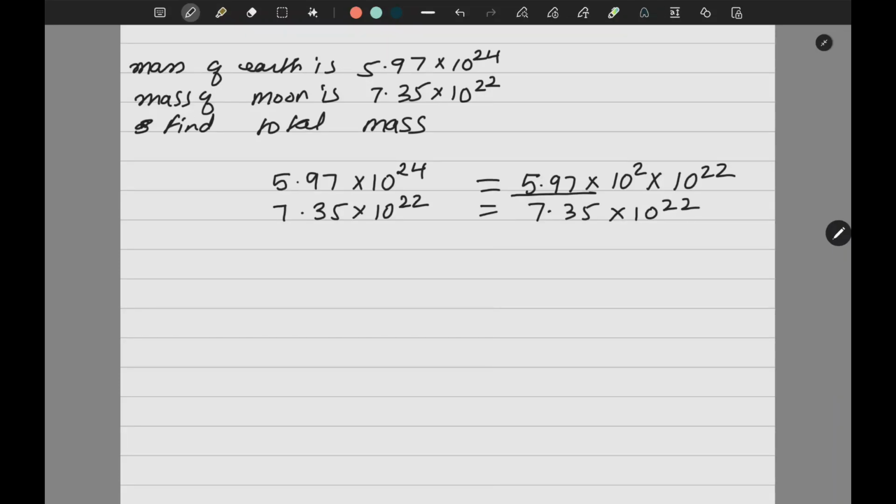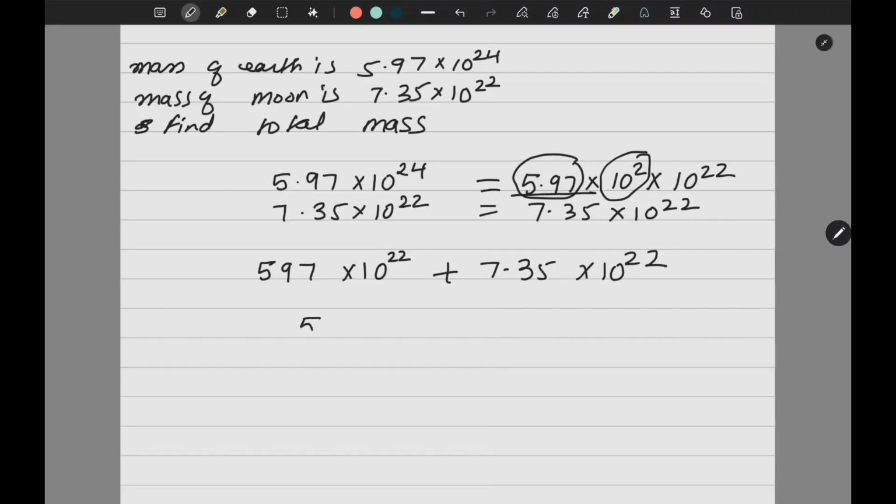Now I have to add them. I can multiply 5.97 and 10 squared, which means 100. So 597 into 10 to the power 22 plus 7.35 into 10 to the power 22. So it will become 597 plus 7.35, into 10 to the power 22.